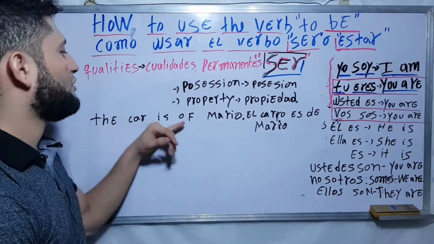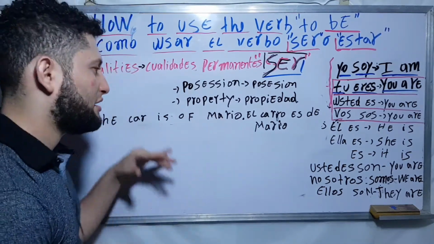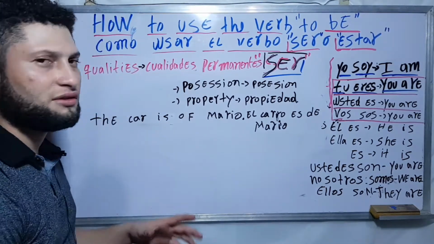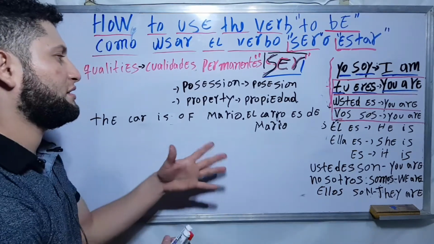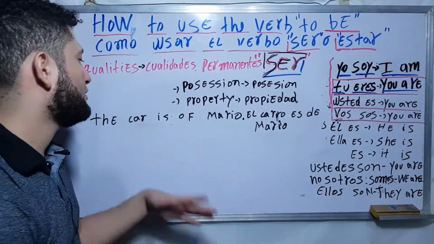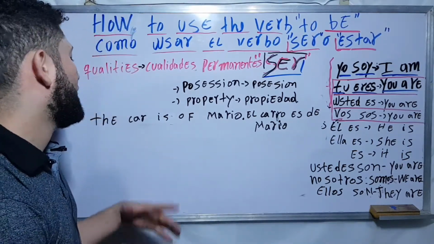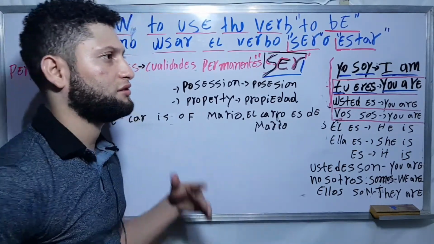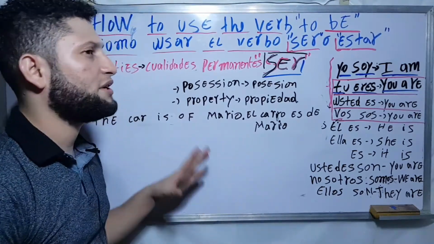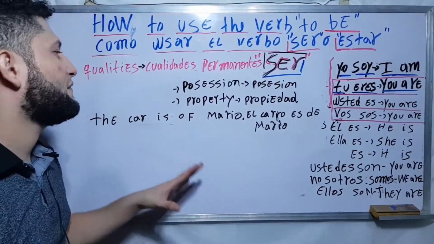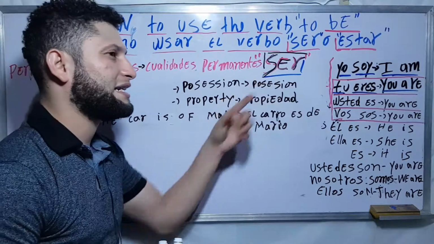The car is of Mario. There are other ways for you to say it. To speak about property, I can say it's Mario's maybe, or that car belongs to Mario, and so on. But now we are focused on the verb ser.